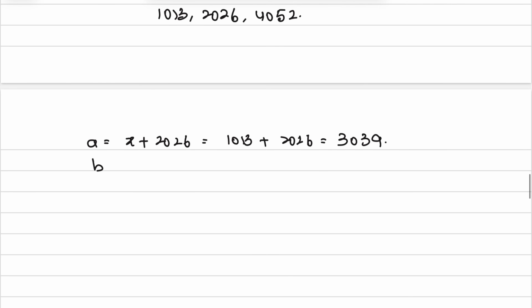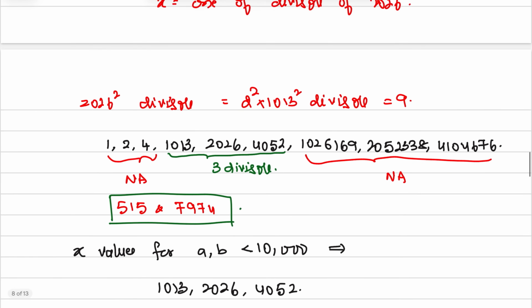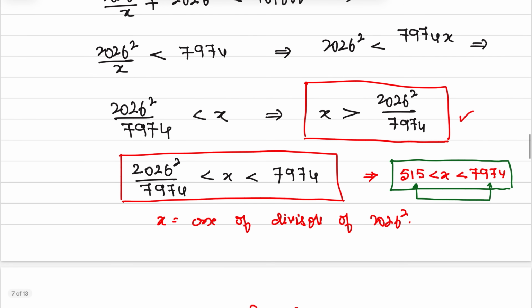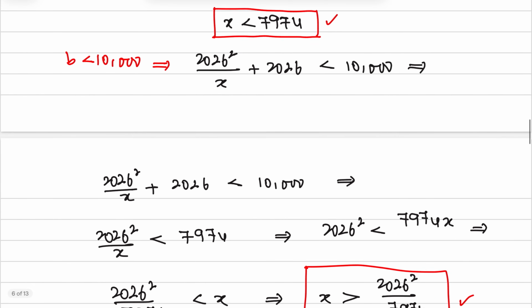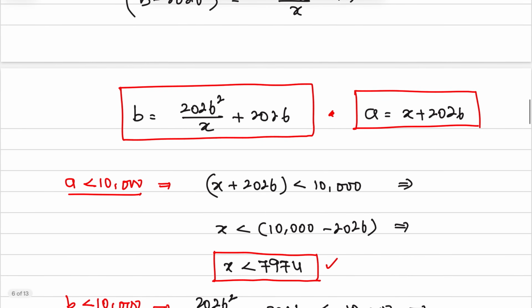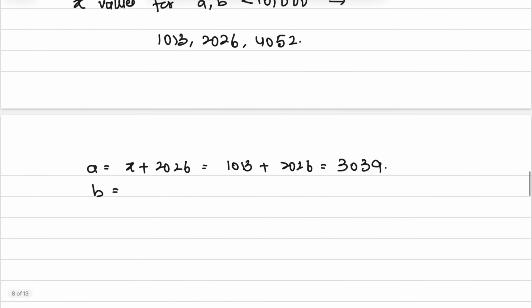Then what is the B value? B is equal to 2026 whole square by x plus 2026.